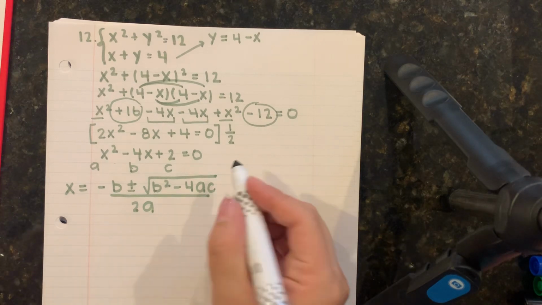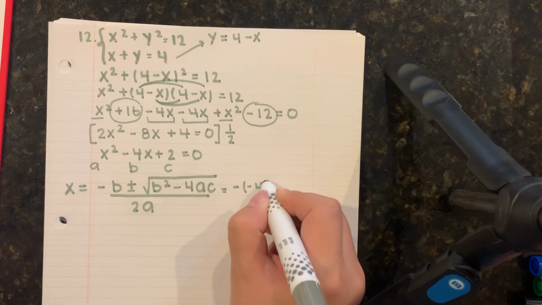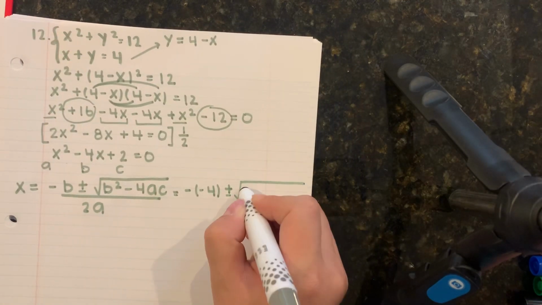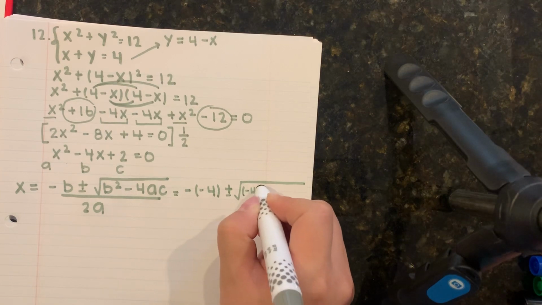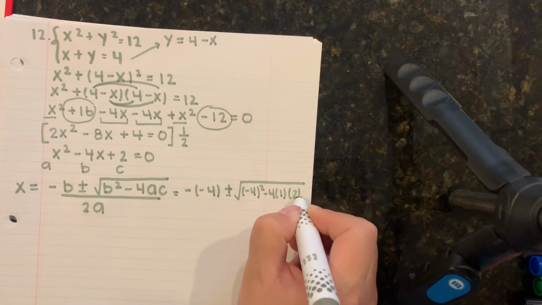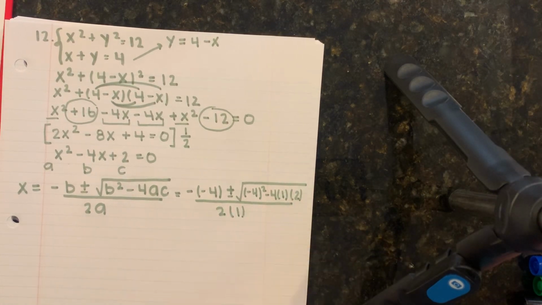Now I'm going to plug in my values. So I have negative negative 4 plus or minus the square root of negative 4 squared minus 4 times a, which is 1, times c, which is 2, all over 2 times a, which would be 2 times 1.